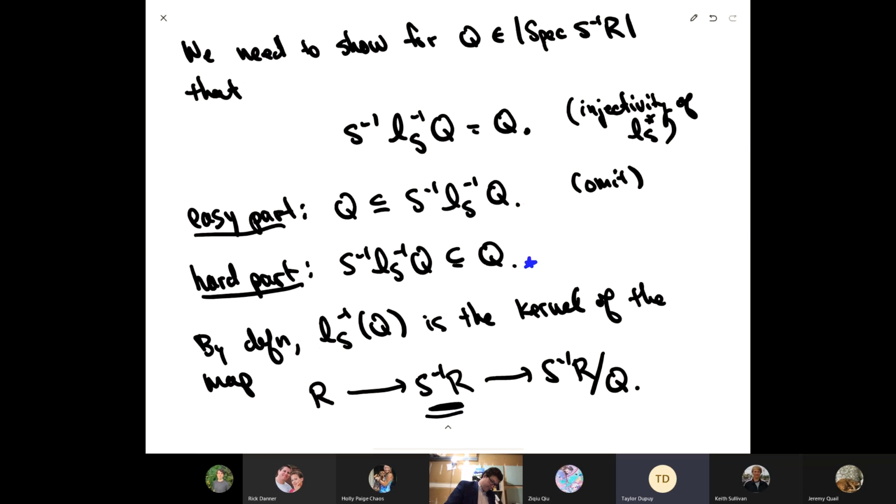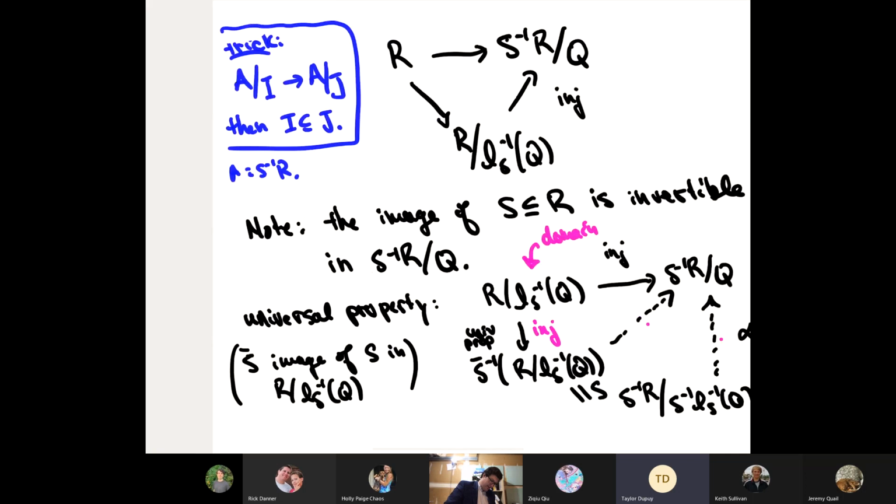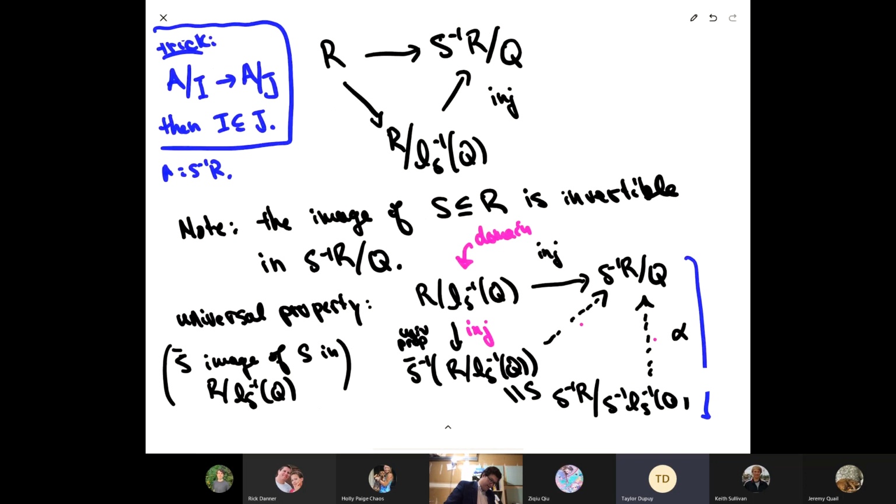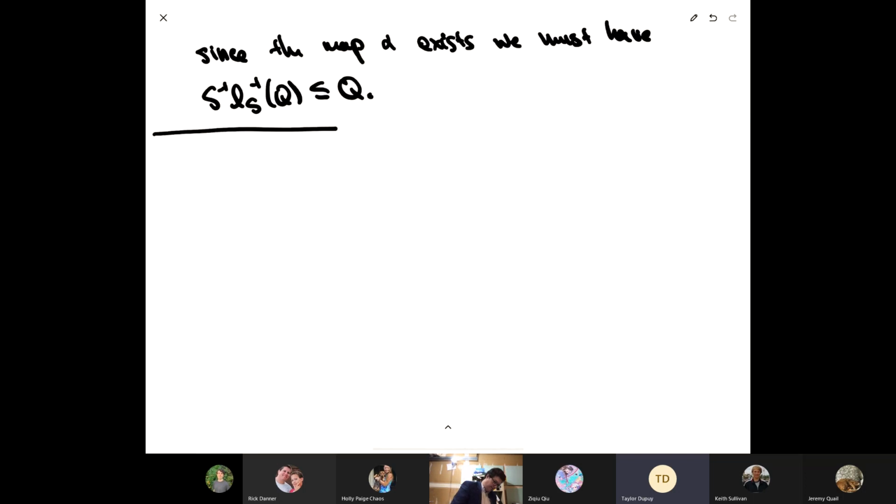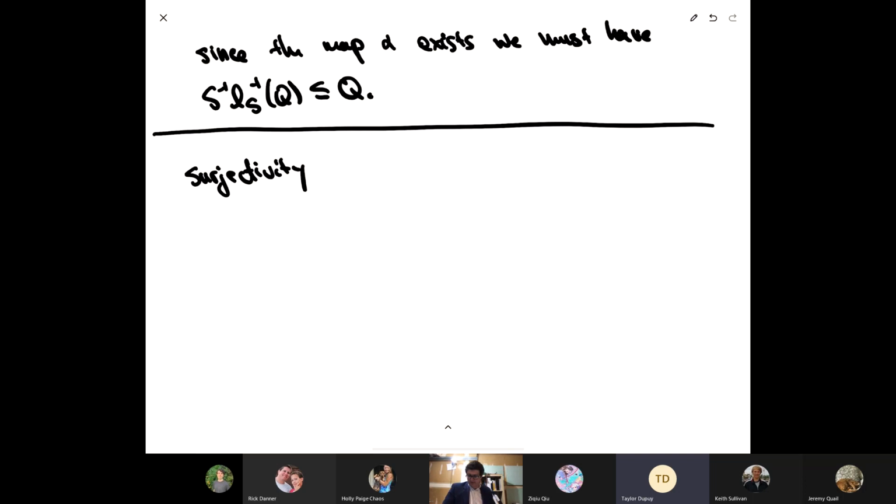So then let's do the surjectivity, or the existence of a right inverse.